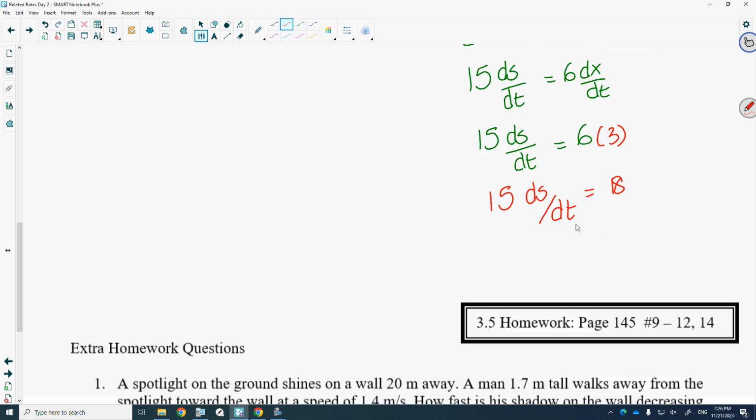So ds/dt, the rate at which the shadow is changing with respect to time, is 18 over 15. Akil, what would that reduce to? 6 over 5, and that was feet per second. You don't need to know what that is as a decimal, but it's 1.2. So the shadow is increasing at a rate of 1.2 feet every second, or 6 feet every 5 seconds. Okay?